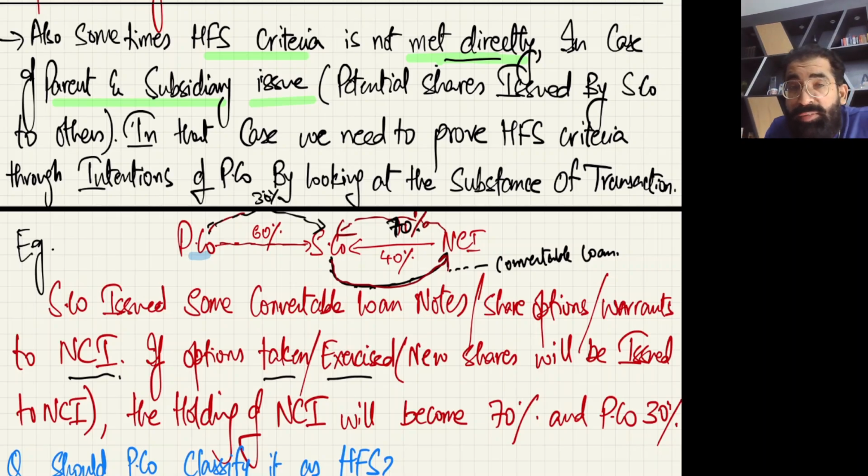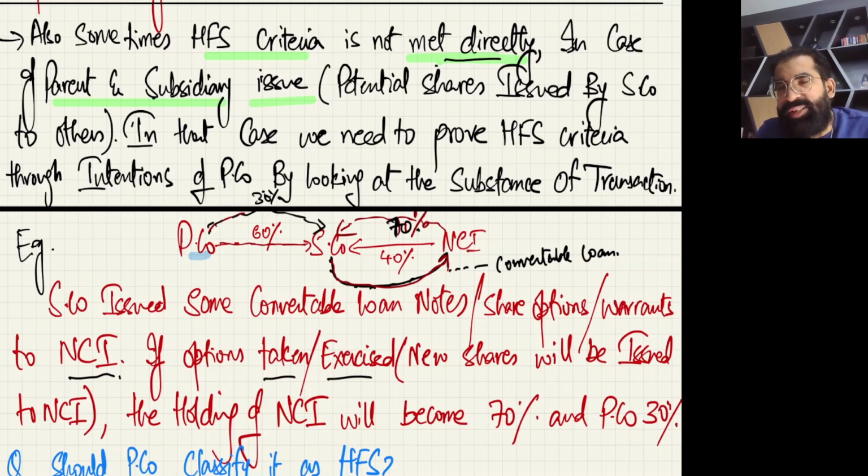So in future, the holding percentage will be 70-30. So now that means control is gone. Control is gone means indirectly you have sold your power. Indirectly, the parent company has sold this subsidiary.